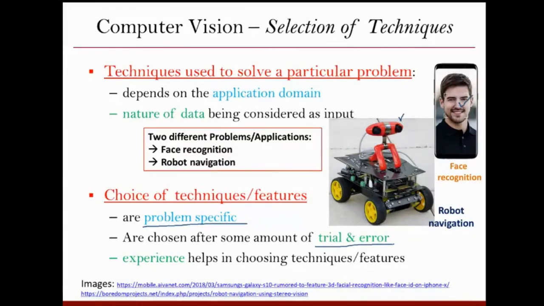For that reason also, you have to apply a kind of repetitive process. Sometimes experience may help you in choosing a technique. For example, you have worked in a certain domain, and you know that for this kind of task, this particular technique may be useful. So if you have some prior experience, you can use it to find out the suitable technique for your task.